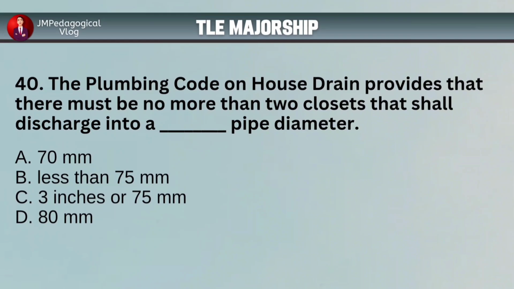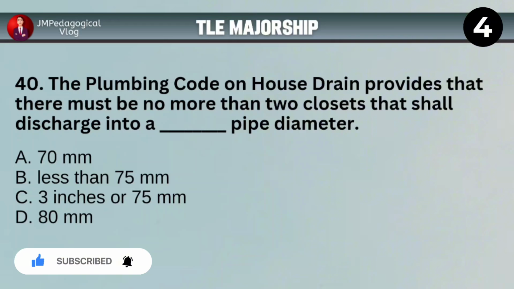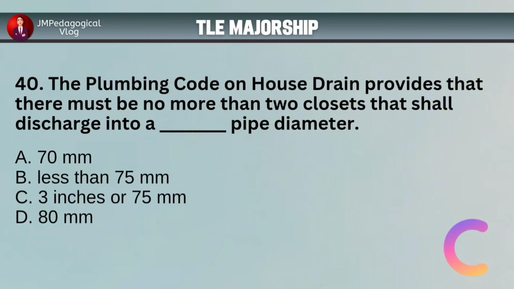40. The plumbing code on house drain provides that there must be no more than 2 closets that shall discharge into a pipe diameter A. 70 mm, B. less than 75 mm, C. 3 inches or 75 mm, D. 80 mm. C. 3 inches or 75 mm.